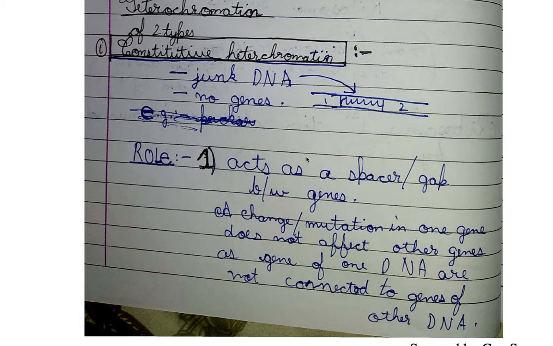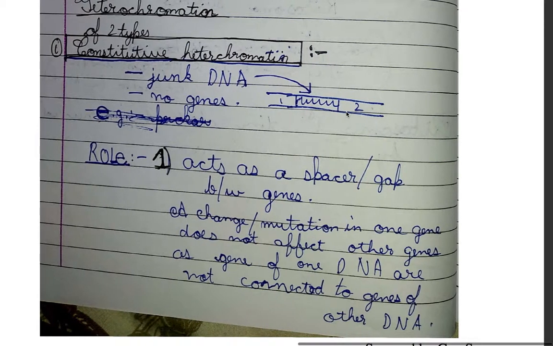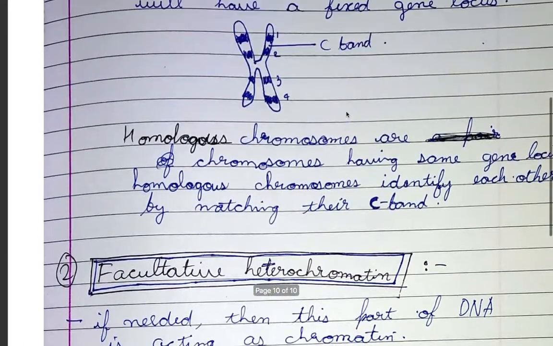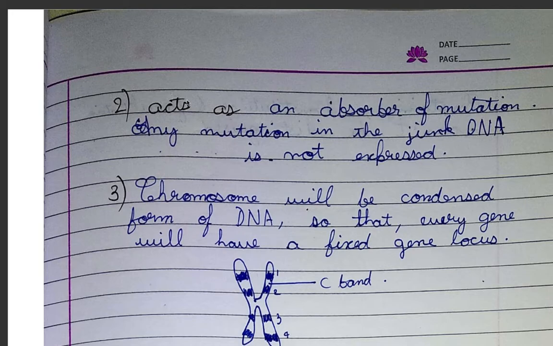Now you would think, why is it that a change or mutation in one gene does not affect the other genes, as the genes of one DNA and another DNA are not connected? Because of this spacing, mutation does not spread. That is how it helps. The other part is that it acts as a mutation absorber.